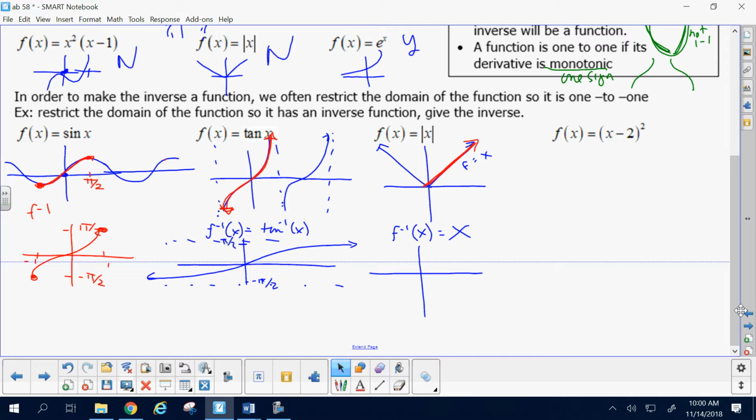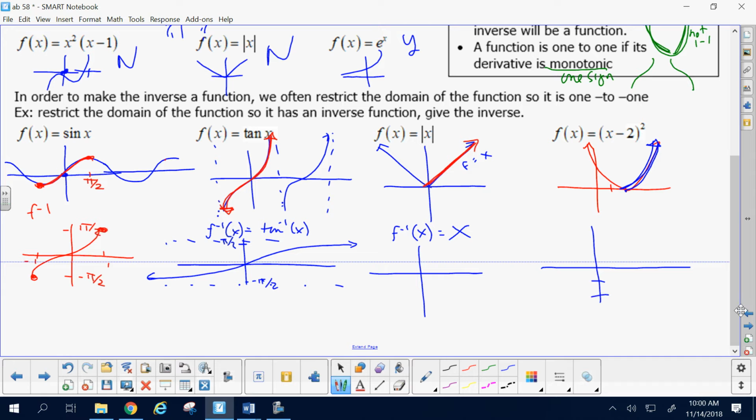And last but not least, if you were to take the parabola shifted right 2, let's say I want to make this one-to-one, so the function has an inverse, it would make sense to take a piece. Which piece? I'll use that one. If I take that one, then when I go to invert it, it would be positive 2 like this.